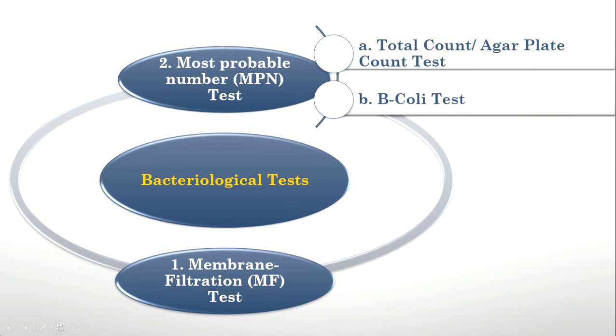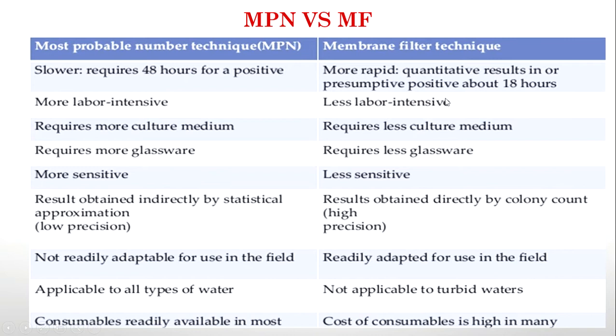This is known as the membrane filtration technique. The most probable number test is a chemical test which uses some chemicals for the identification of bacteria. We will see each of them. So this is the difference between the MPN and MF tests.